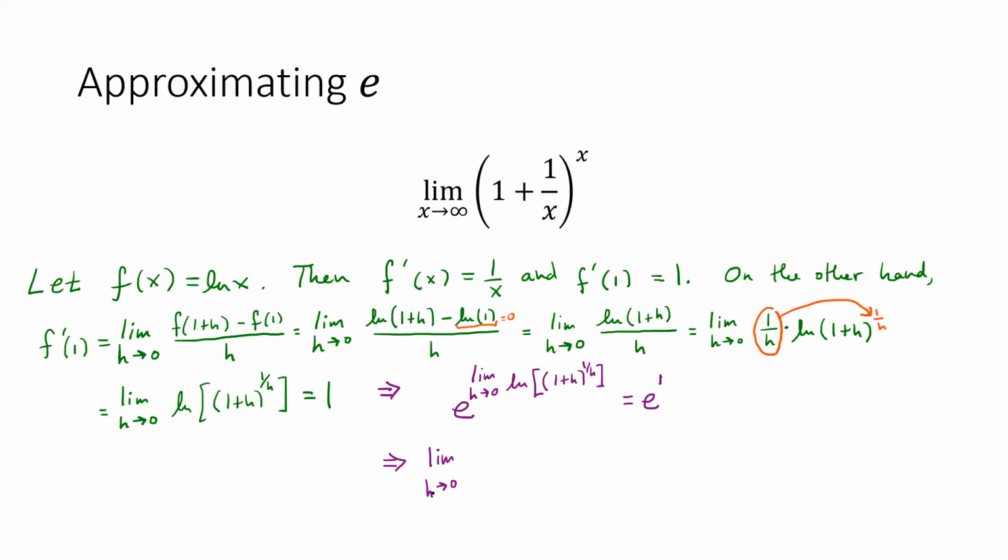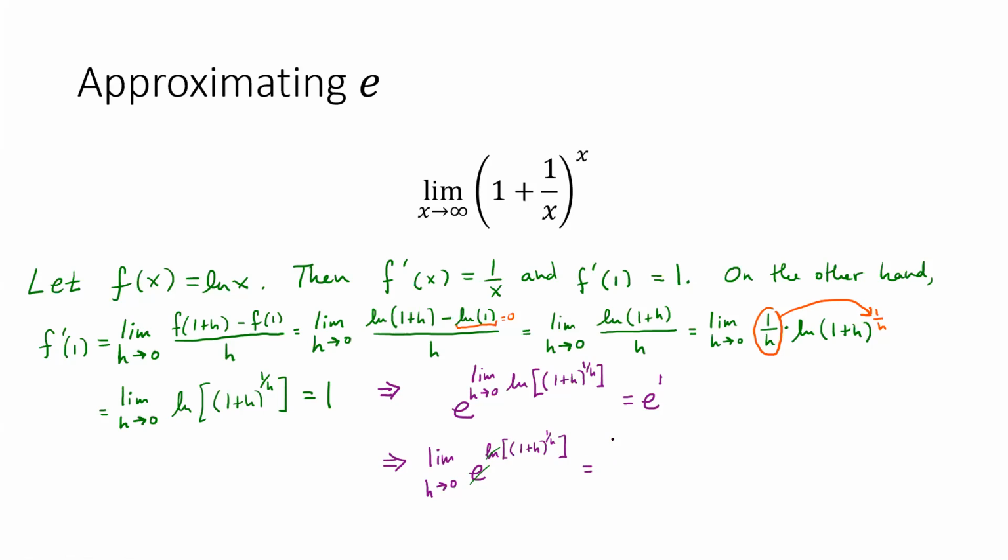So I can write this as the limit as h approaches 0 of e to the power of ln of 1 plus h to the 1 over h power. Notice that e to the ln of whatever, those are inverses of each other.